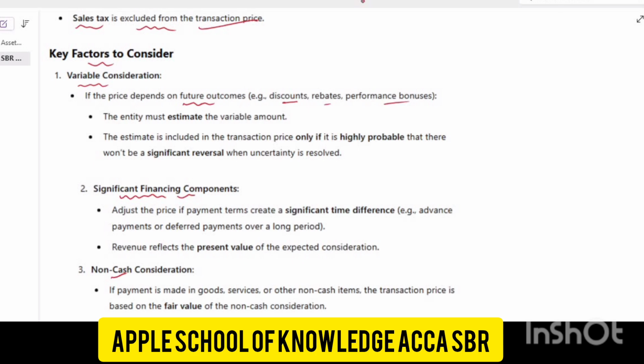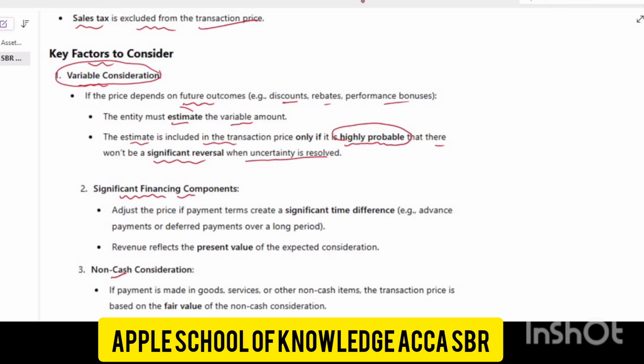So the entity must estimate the variable amount, and the estimate is included in the transaction price. Variable consideration will only be included in the transaction price if it is highly probable that there will not be a significant reversal when the uncertainty is resolved.